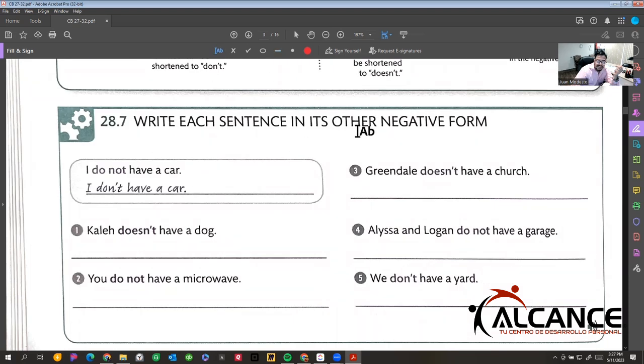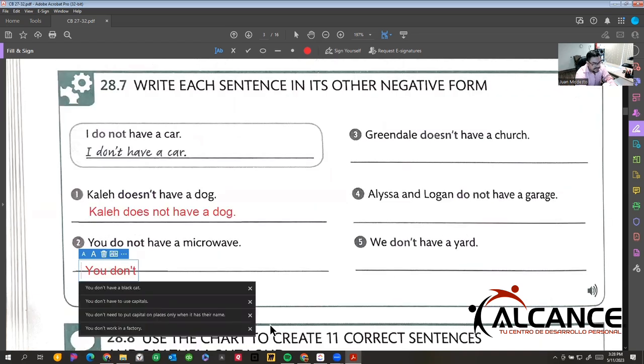Write each sentence in its other negative form. So aquí lo único que vamos a hacer es escribir the contrary, escribir lo contrario, the contrary of the way it's spelled. So right here, it would be doesn't, does not have a dog. This one, the way it's written, is not showing a contraction, so we write a contraction.